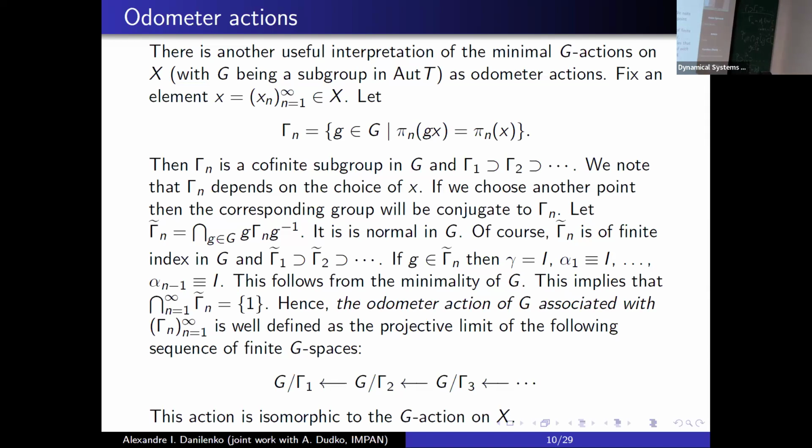And then we can produce a sequence of finite homogeneous spaces, G quotient gamma 1, G quotient gamma 2, G quotient gamma 3, with arrows that are G-equivariant, and pass to the projective limit. Then we obtain a G action on some projective space X. It's called an odometer.